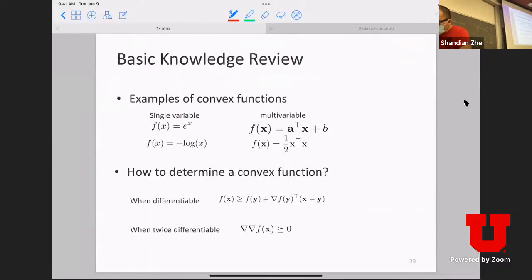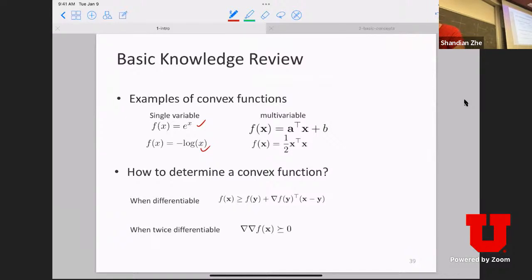Okay. So here are some commonly used convex functions: exponential functions, negative logarithm of x, right? And then what is logarithm of x? Yeah, concave function, right?